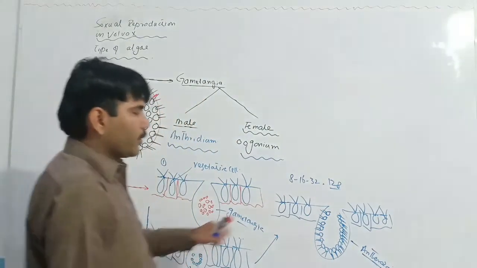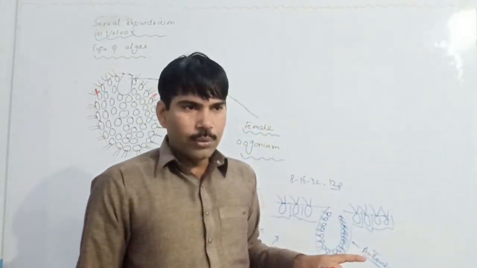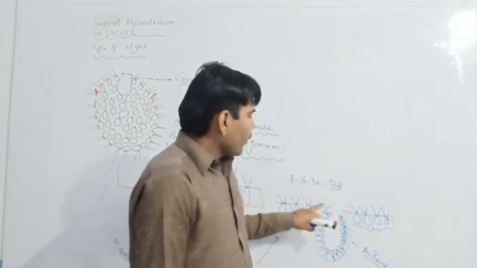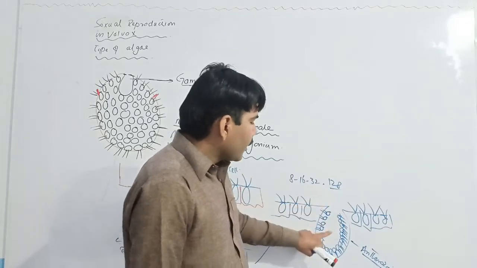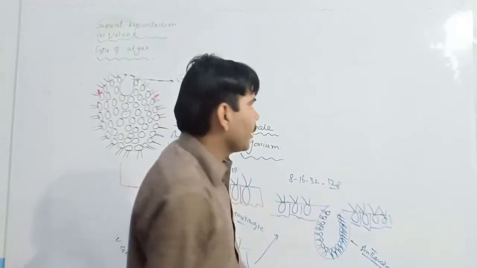But the question is how they will reach the female oogonium. According to this question, there are two possible conditions for the reaching of these antherozoids to a female oogonium.